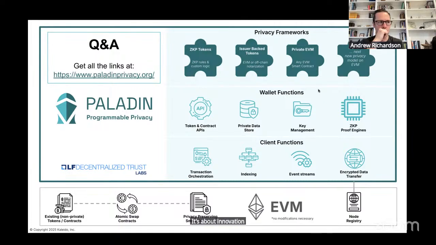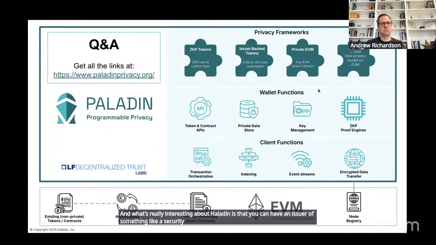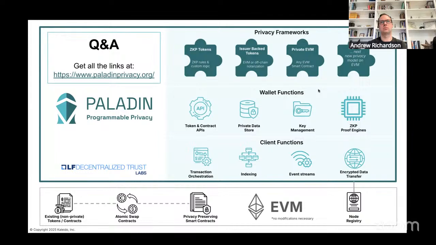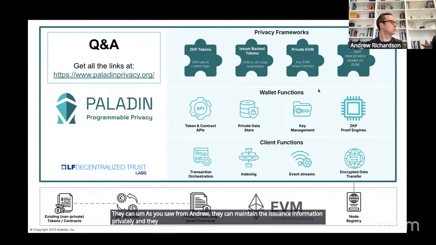It's about doing things in a new way. What's really interesting about Paladin is that you can have an issuer of something like a security that issues it using Noto. As you saw from Andrew, they can maintain the issuance information privately, and they can do it in EVM using an EVM privacy group in Pente.